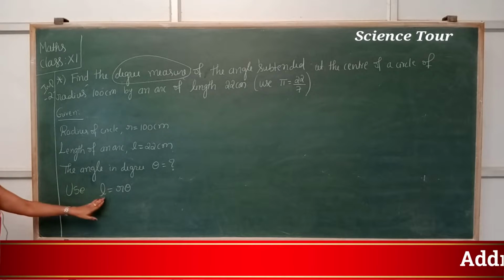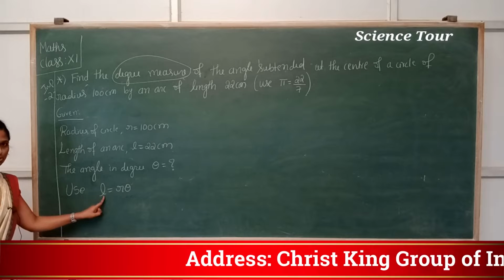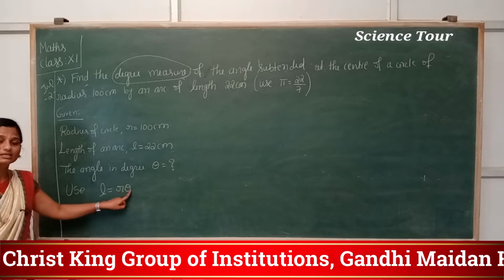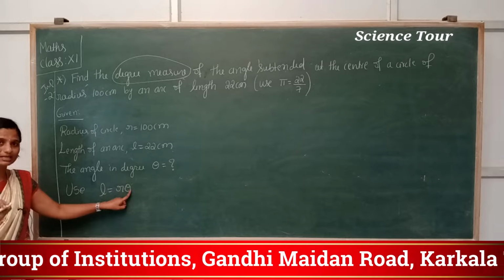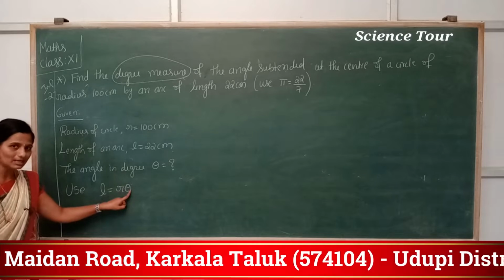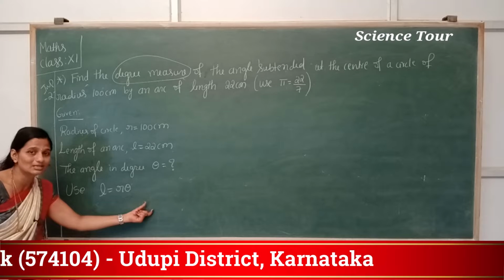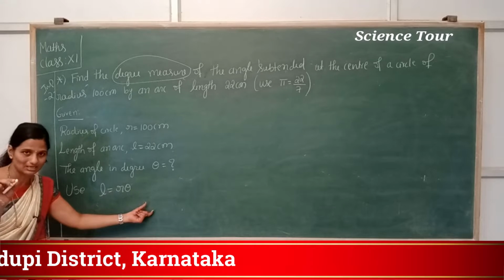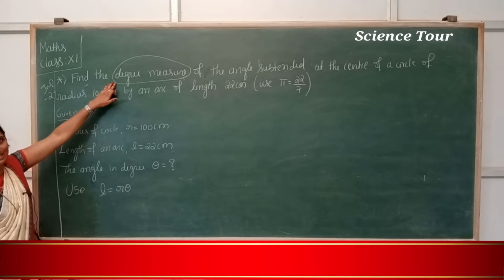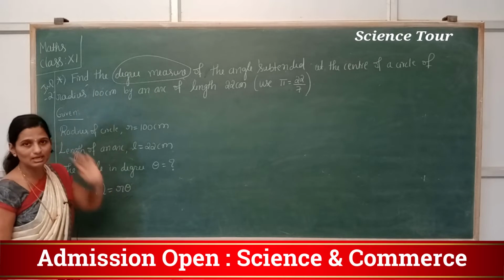Here L is the length of arc, R is the radius of circle, and theta is the angle in radian. So the answer we get for theta will be in radian, and that radian should be converted to degree measure because here it is asked to find the degree measure.